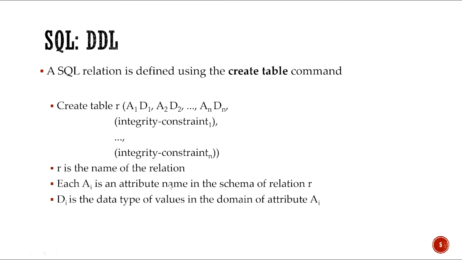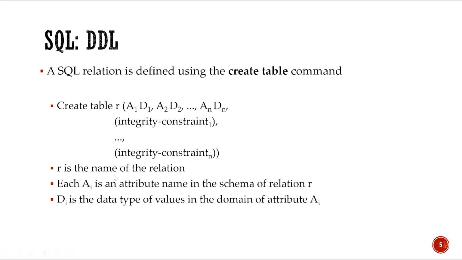A SQL relation or table is defined using the create table command. So here you can see the syntax. Create table R, and then A sub 1, D sub 1 through A sub n, D sub n, and then we have n integrity constraints. In this syntax, R is the name of the relation, your table.